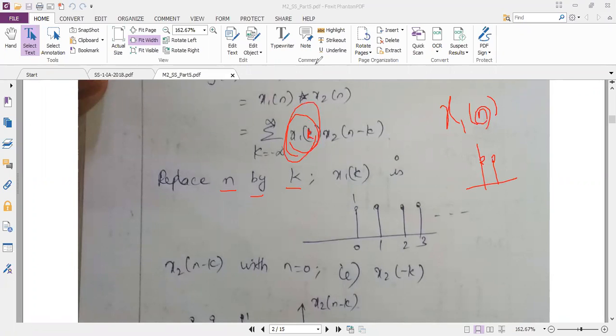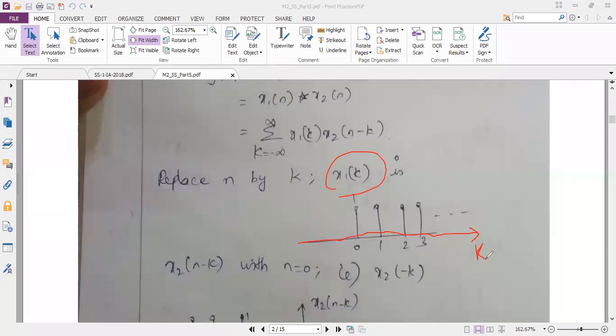Then I get x1 of k and its respective diagram is this. Now the x-axis is k only, because n has been replaced with k, and x1 of k is the y-axis.